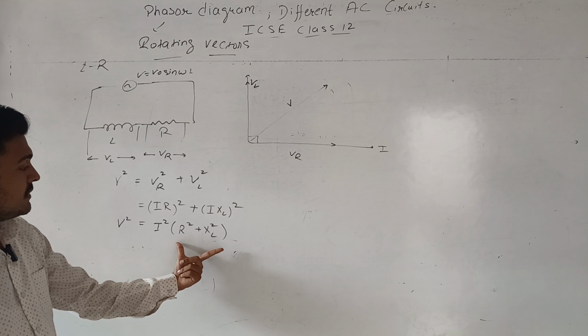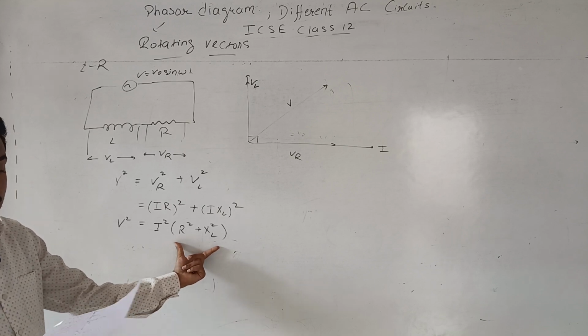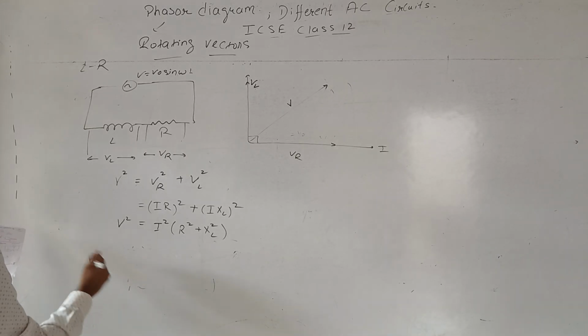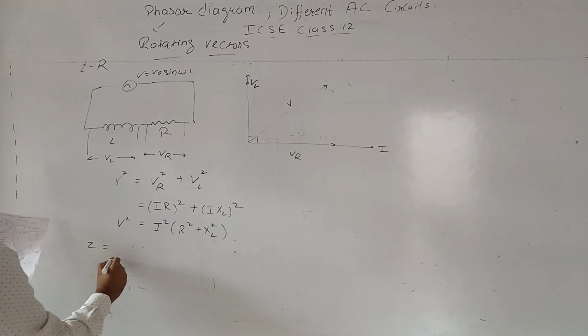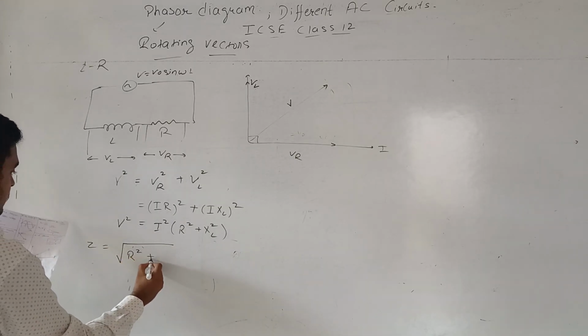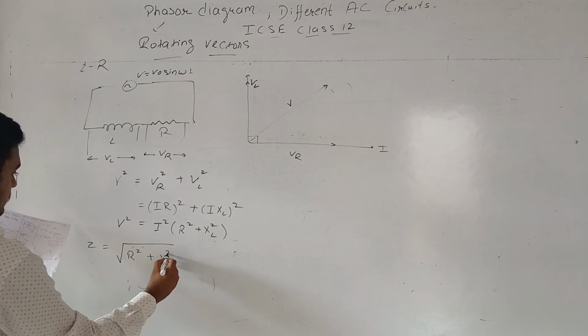So what is this term? This whole term is the reactance, which in this case we call the impedance. Impedance in this case is Z equal to under root R squared plus XL squared.